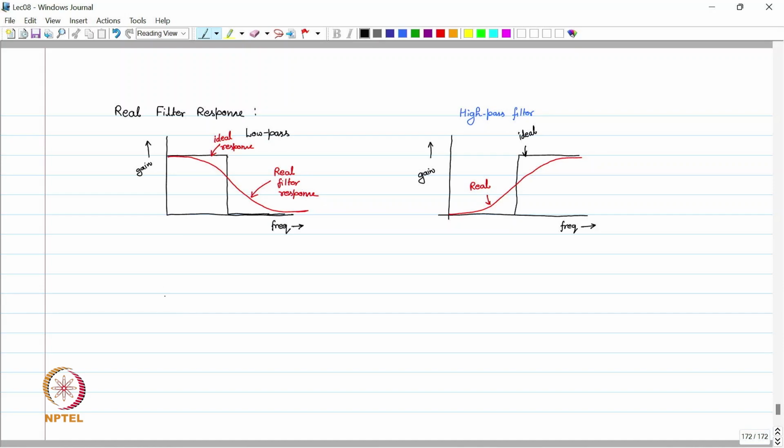The third is the band pass filter, where only a band of frequencies will pass through. All low frequencies or high frequencies will be rejected. For a band pass filter, we have a desired response like this, which is the ideal case.